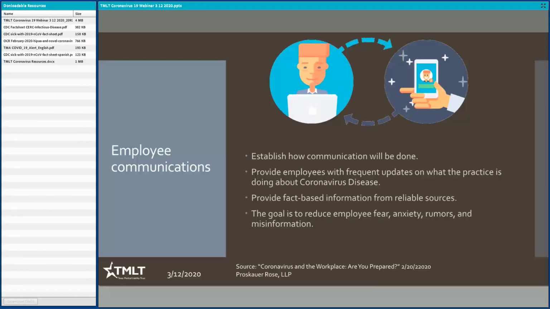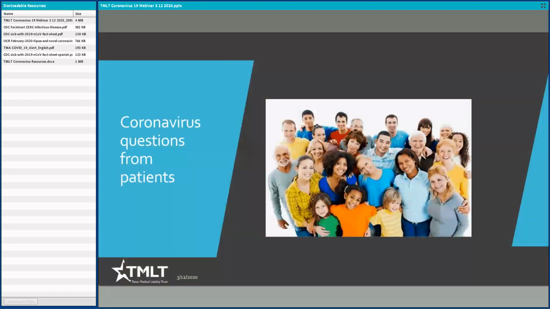Employee communications really is key. You need to establish how you're going to communicate. Is it going to be in morning huddles, so that as you start your day, everyone is receiving the same information before you start seeing patients? Are you going to send out text messages? Are you going to send out some kind of communication through your EMR or EHR messaging system?